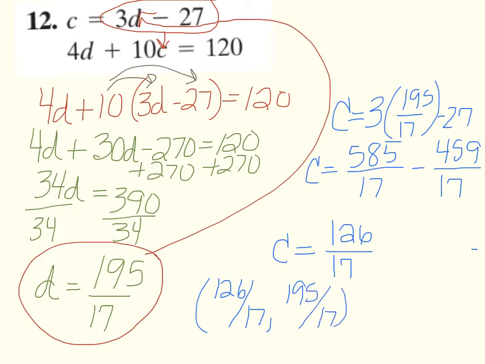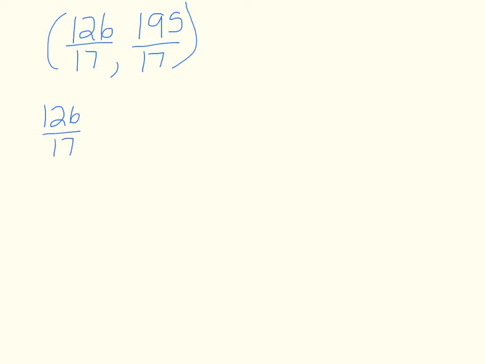And because this one has such odd fractions, I think we should check that. So again, the solution is 126 over 17 and 195 over 17. All right, so let's check. So c, which is 126 over 17, equals 3 times the quantity 195 over 17 minus 27.